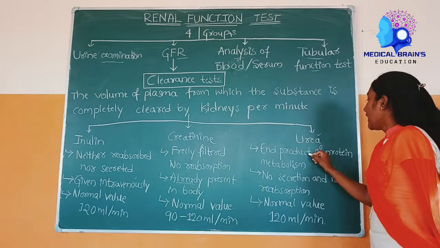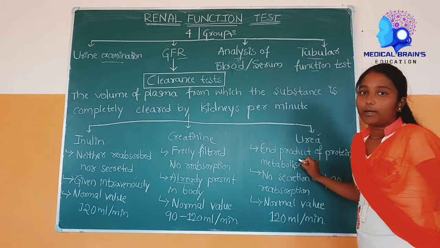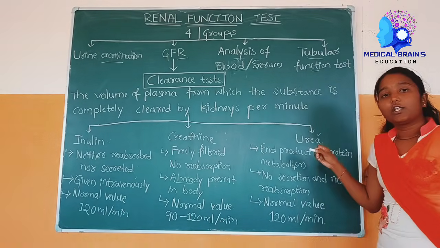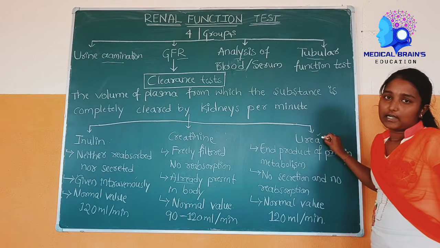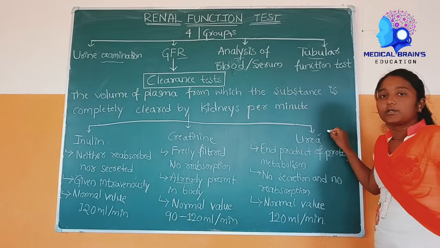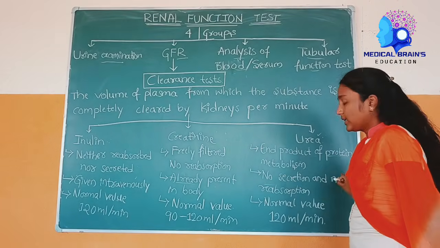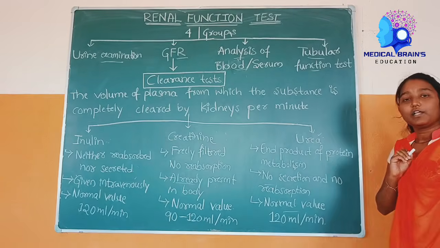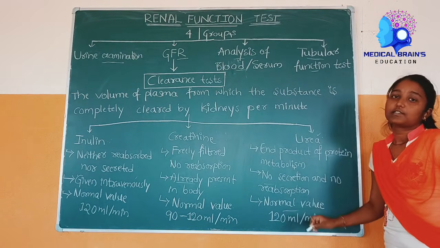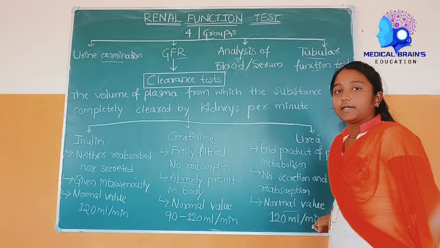Coming to the third one, that is urea. Urea is the end product of protein metabolism. When protein is digested, the end product of protein metabolism is called urea. This urea is neither secreted nor reabsorbed. The normal value of urea is 120 ml per minute.